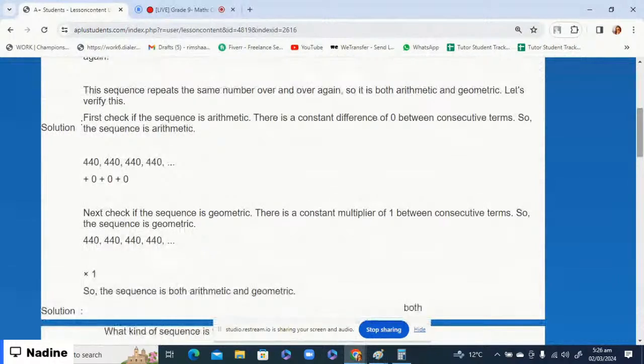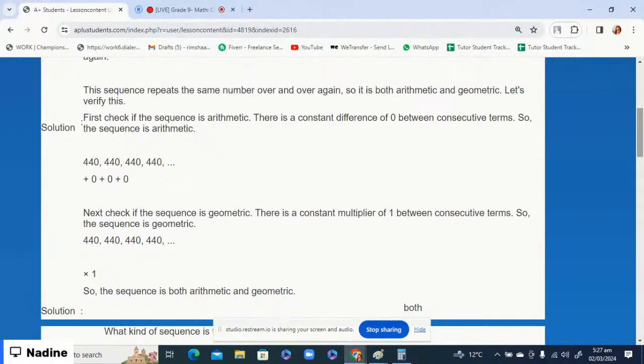If there is a constant, you can say that a difference of 0, that is the common term. So the sequence is arithmetic. Next, check if the sequence is geometric. Then your constant is a multiplier of 1 between the terms.